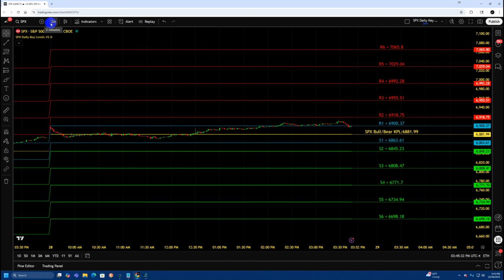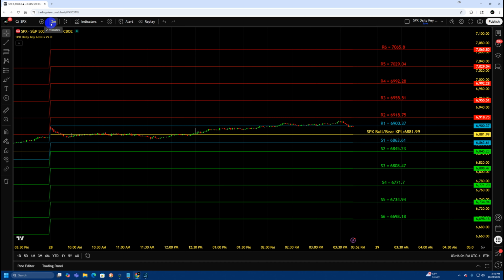The chart time frame is going to be the determining factor in how many historical sessions you can look at, because there is a historical bar limitation based on the type of plan that you have with TradingView. As their plans get more expensive, they allow more historical bars to be displayed, which means you can look at more historical sessions.